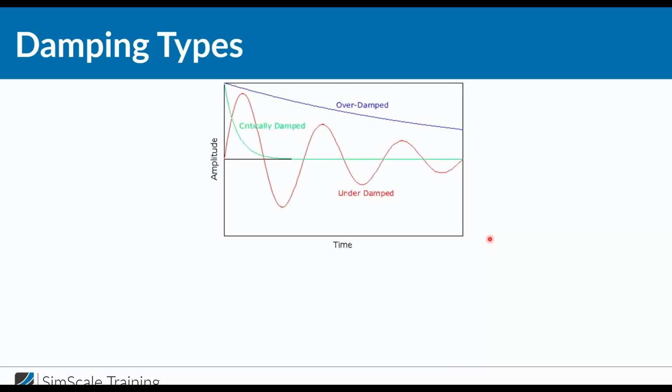Therefore, let's take a look at this chart. If something is critically damped, that's the fastest way to damp the reaction. Here on the x-axis it's the time, on the y-axis the amplitude, and you can see if it's critically damped, it starts at the top and goes straight down.